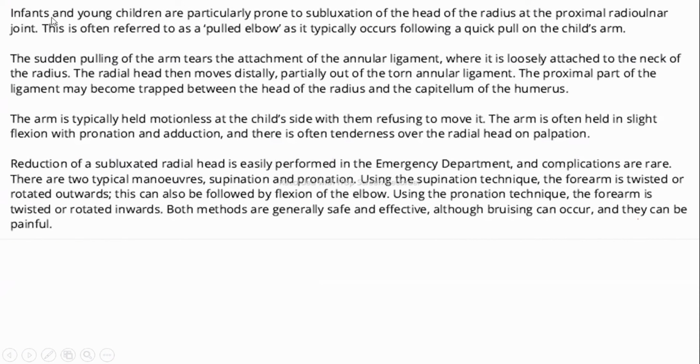So infants and young children are prone to subluxation of the head of the radius at the proximal radioulnar joint. So if they ask you where the problem is, proximal radioulnar joint. Remember that. Also, pulling the elbow here can be nursemaid elbow. So what about reduction, guys? How to reduce?